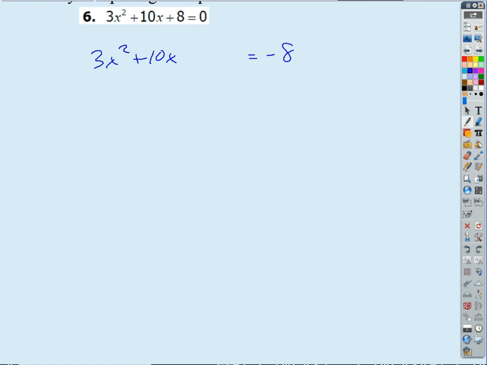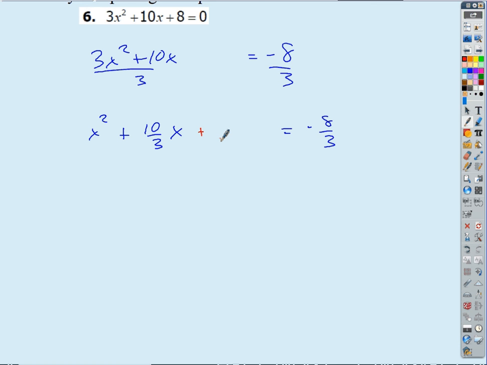That makes things tough. Dividing by 3 does not help things. I get x squared plus 10/3 x equals -8/3. Okay. So what's the number I've got to add to both sides? Half of 10/3 squared. So what's half of 10/3?